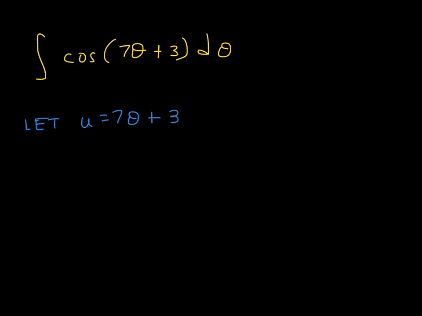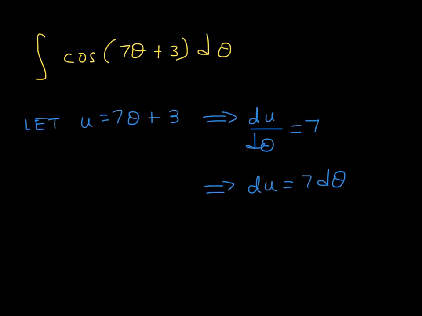If that's our choice, then du d theta is equal to 7, which implies that du is equal to 7 d theta. I notice that I don't have 7 d theta, I just have d theta. So I'm going to isolate d theta by saying du over 7 is equal to d theta.